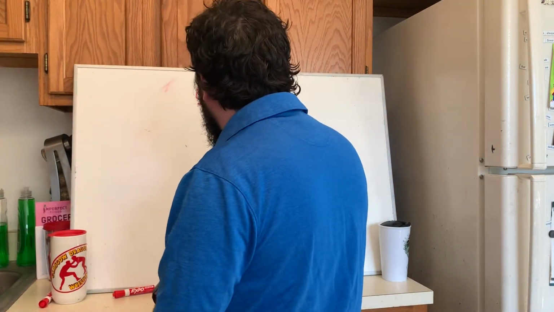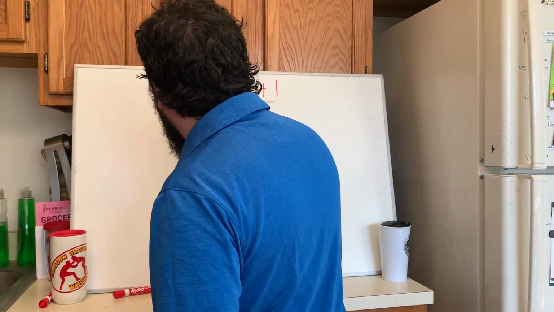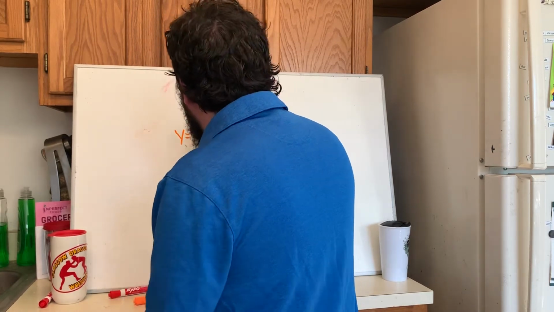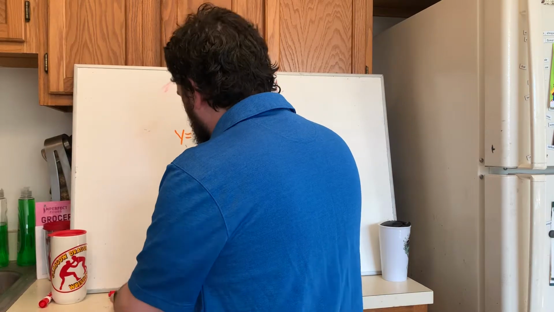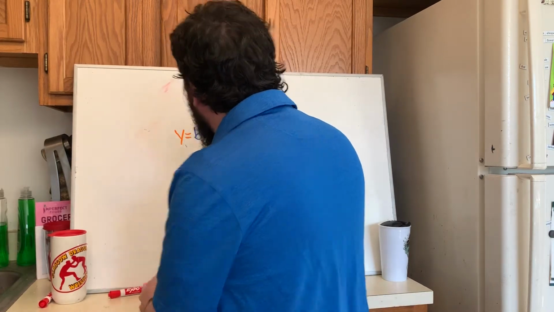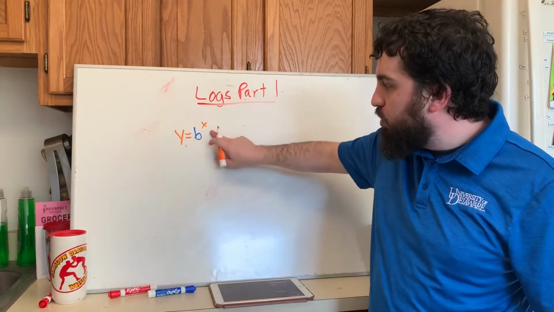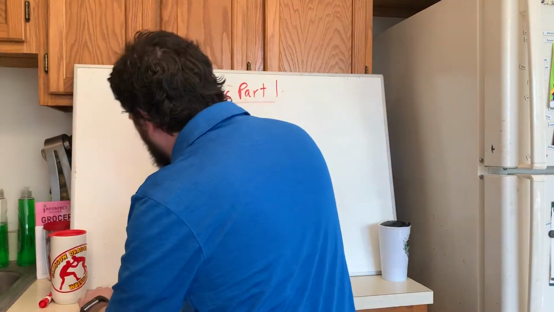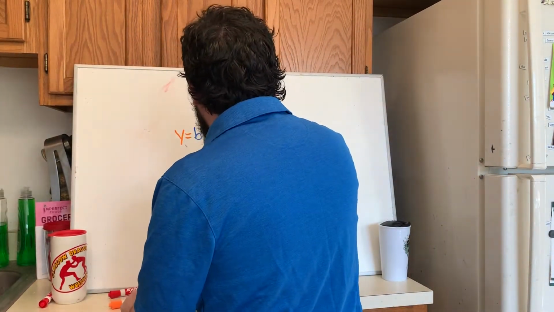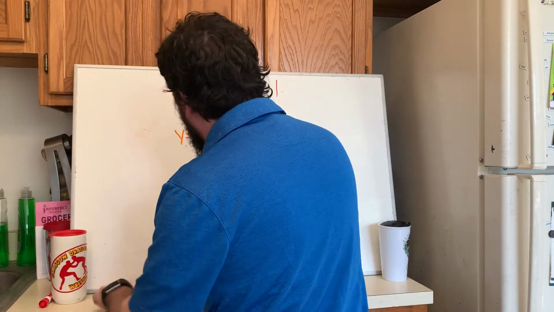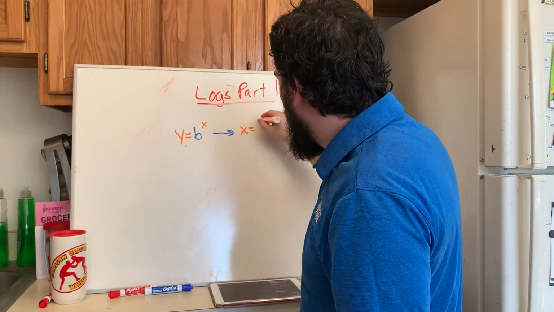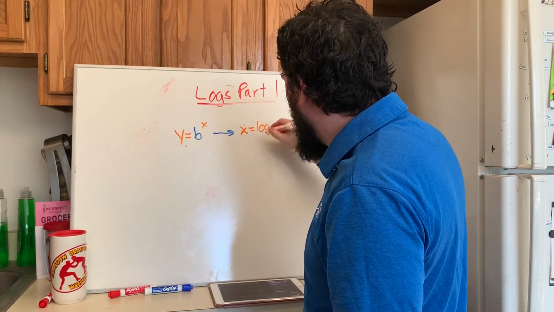I know if I have y equals b to the x, so let's say some number to this power gives me y, that can be turned into a log like so. This will now be x equals the log.